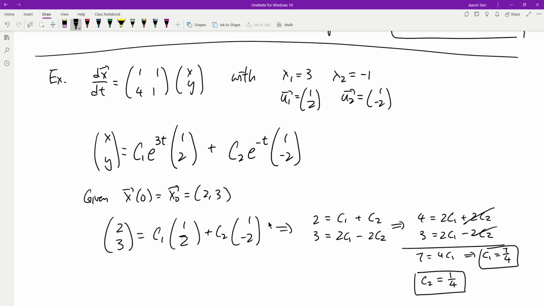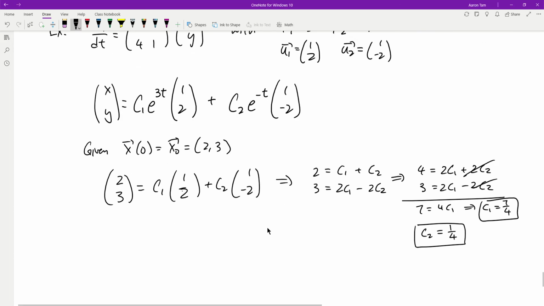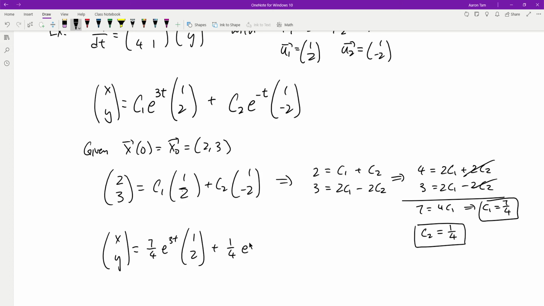So our solution, subject to the initial condition, should equal 7 over 4 e to 3t times 1, 2 plus 1/4 e to -t times 1, -2.